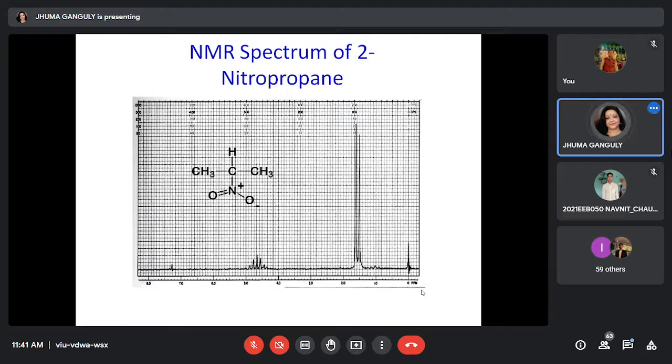So all clear why this peak is so high and this peak is so low in intensity? Yes, ma'am. Because this peak represents 6 protons and this peak only 1, so accordingly the peak height or intensity will be different because of the number of protons. Okay, high and low.